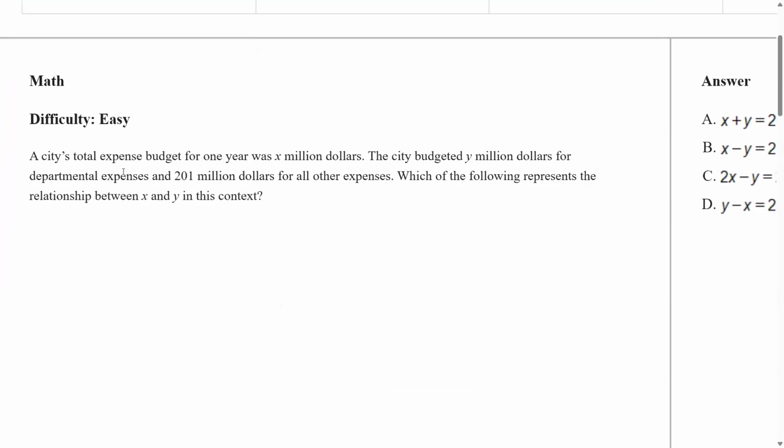A city's total expense budget for 1 year was x million dollars. The city budgeted y million dollars for departmental expenses and $201 million for all other expenses. Which of the following represents the relationship between x and y in the context? So the total for 1 year was x million dollars.